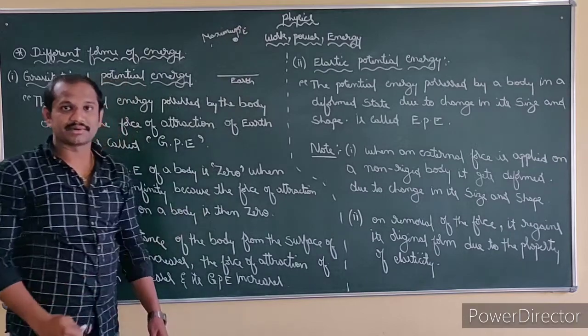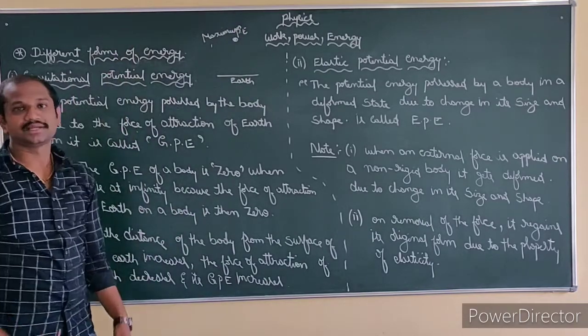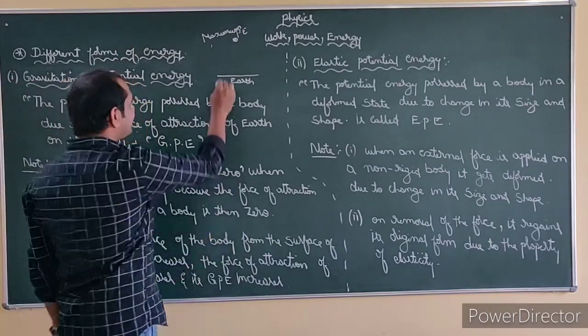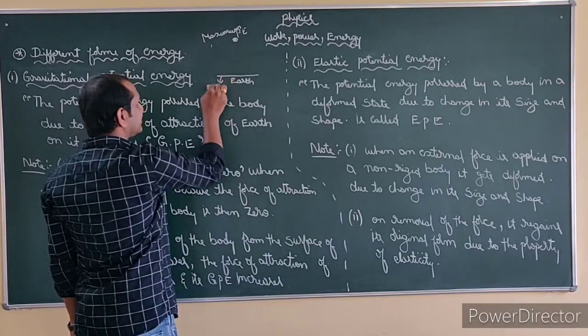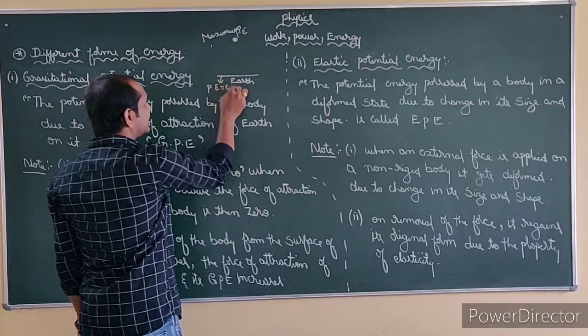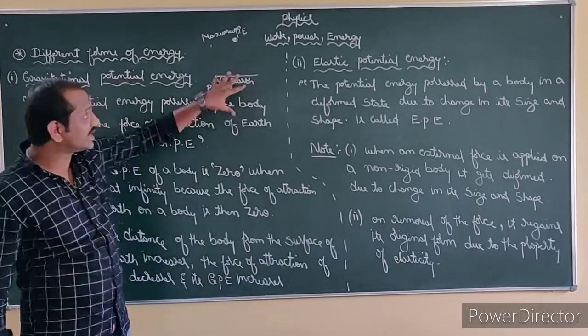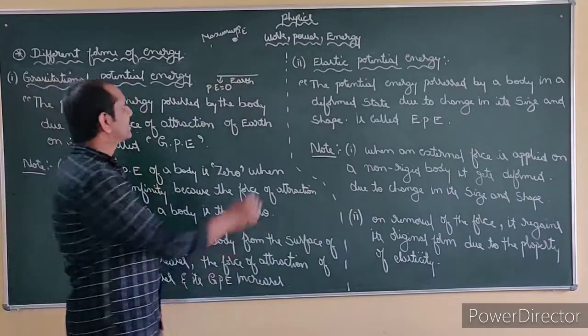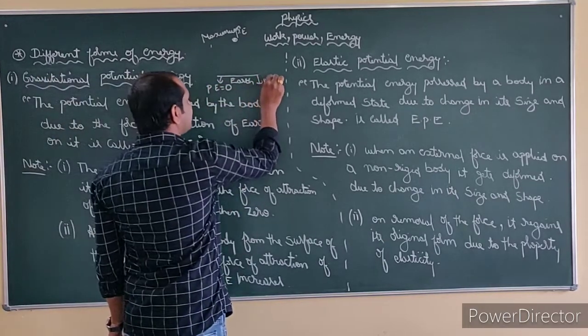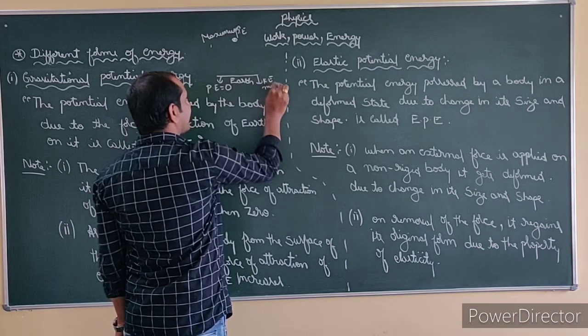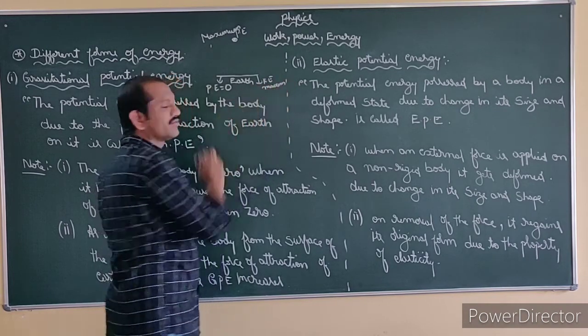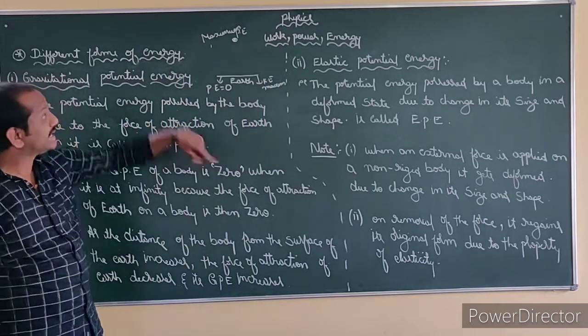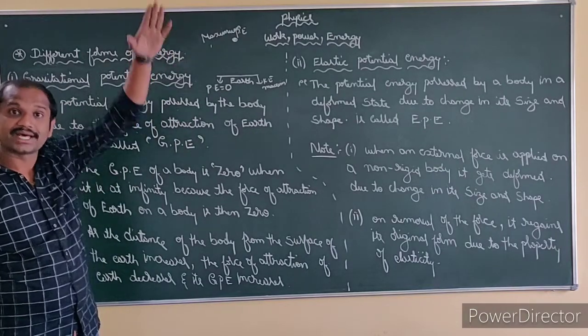Potential energy is maximum when it is away from the Earth. Potential energy is zero when it is on the Earth. In turn, kinetic energy is maximum on the Earth, and kinetic energy is zero above the Earth.